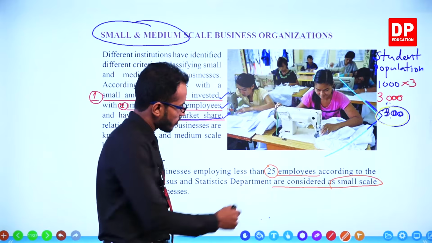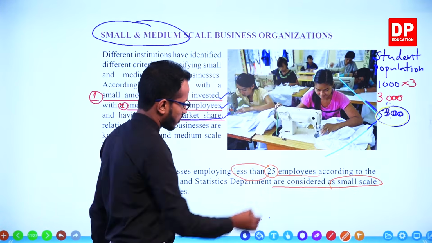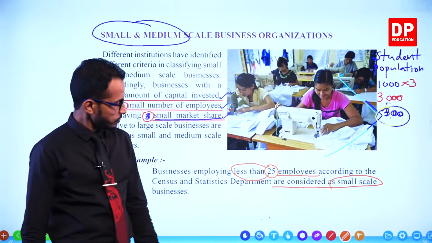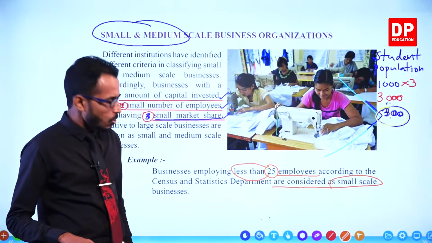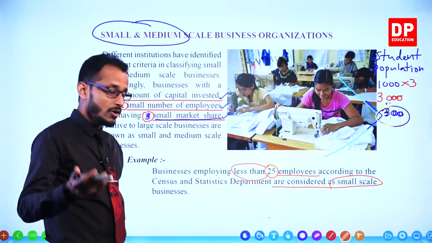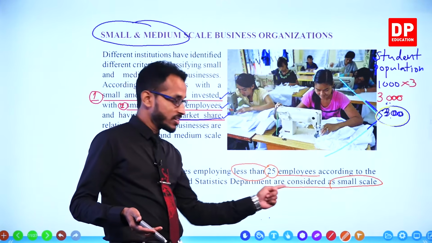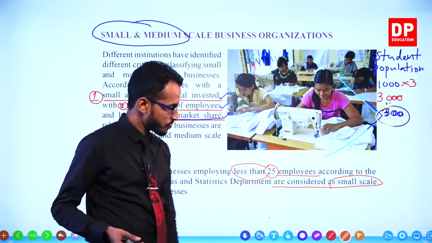Less than 25 means like 2, 3, maybe 10, 12, or maybe 20, or maybe 24. That is a small scale business.